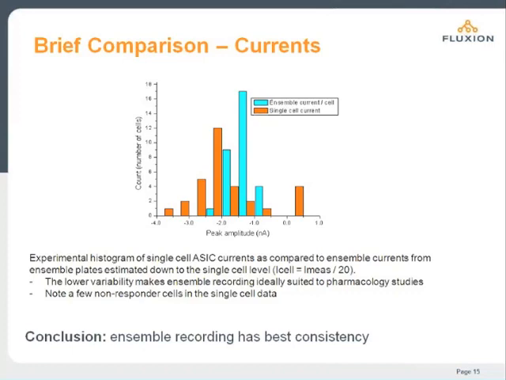In the ensemble configuration, there is a much tighter distribution and 0 non-responders, whereas for the single cell experiment, there were a few non-responders and a wider distribution of amplitudes. This overall tighter distribution of amplitudes and more recordings showing a response makes the ensemble mode of recording better suited for higher throughput levels.